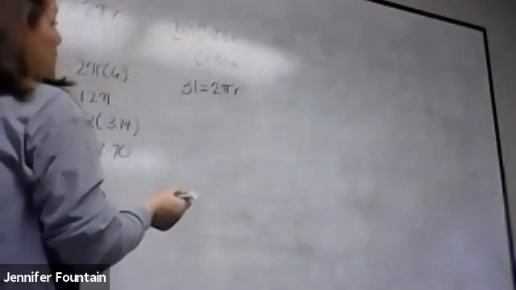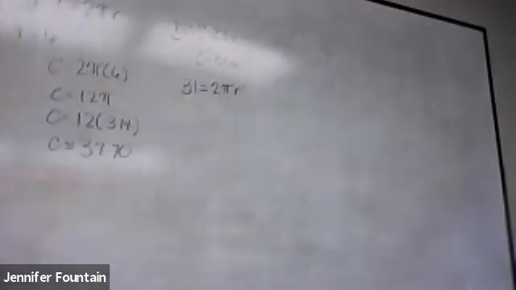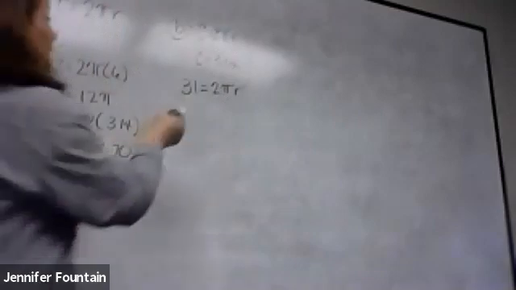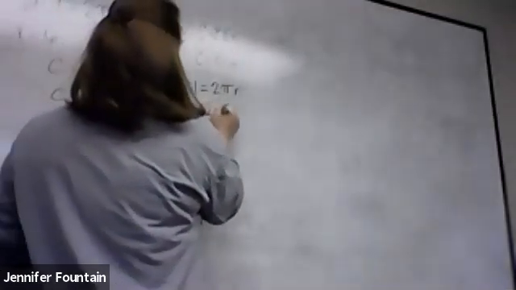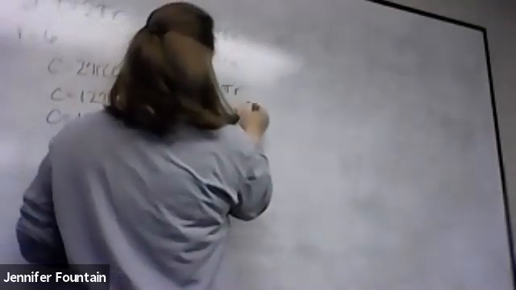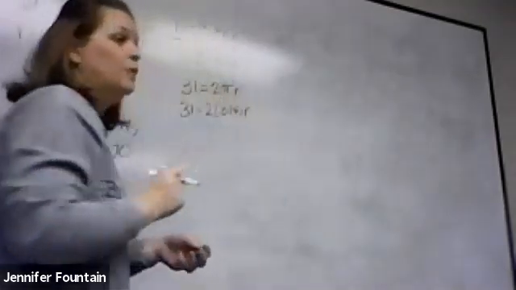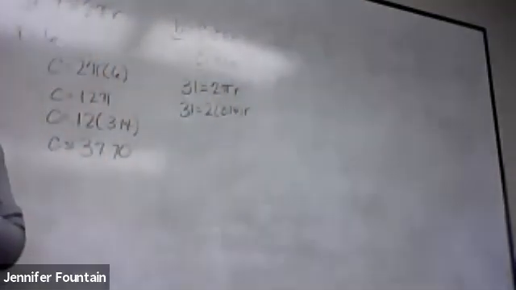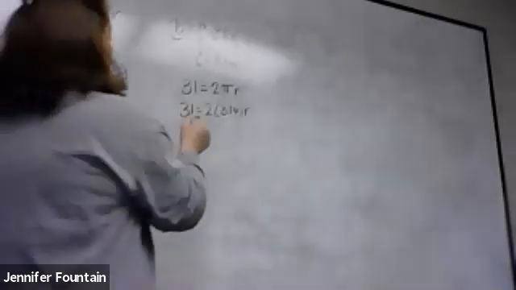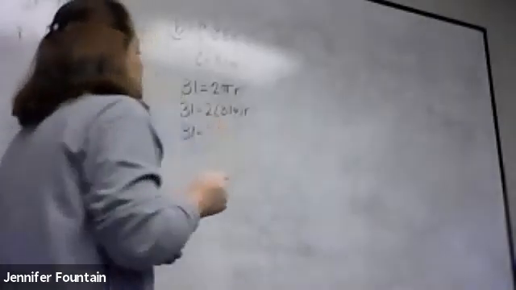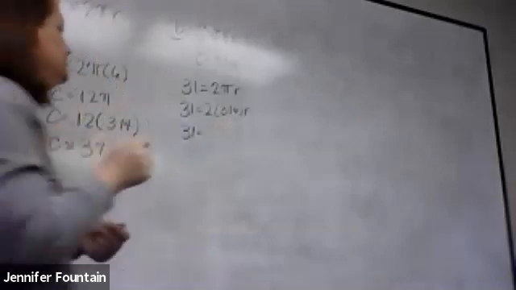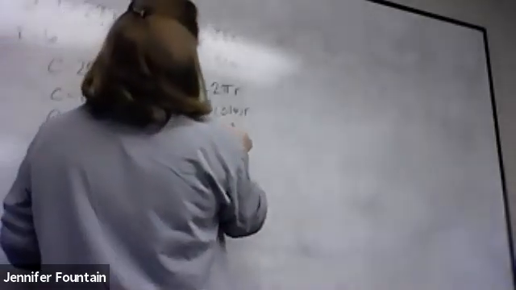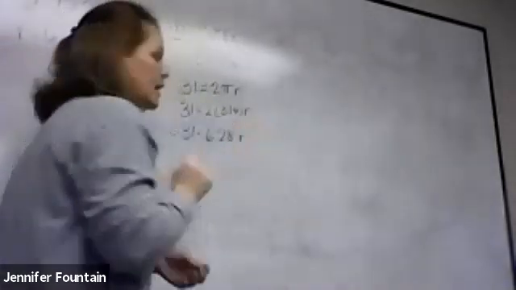Okay, what am I going to need to do to solve this problem? Plug in pi. Okay, and so if I plug in pi and I've got 31 equals 2 times 3.14 times r. Now what do I need to do? Multiply 2 times pi. Okay, so I've got 31 is equal to, what is 2 times 3.14? 6.28 r. Now what?